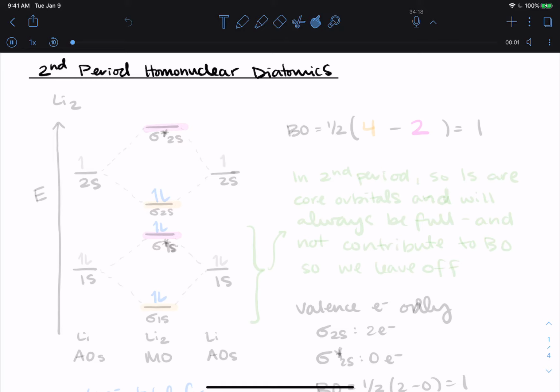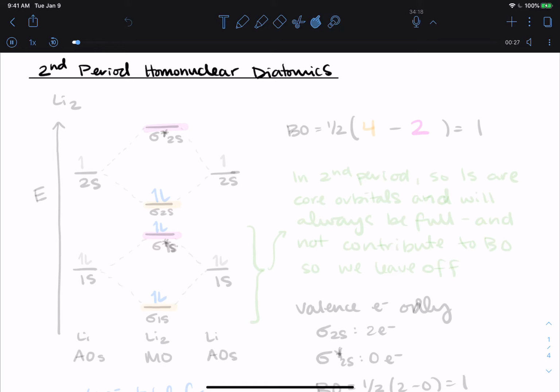We have now done MO diagrams for every element in the first row of the periodic table. So it's time for us to move to the second row. And where we're going to start in this video is with pretty much going across the entire second row and only dealing with the homonuclear diatomics. So each element will be paired with another atom that is identical to it.